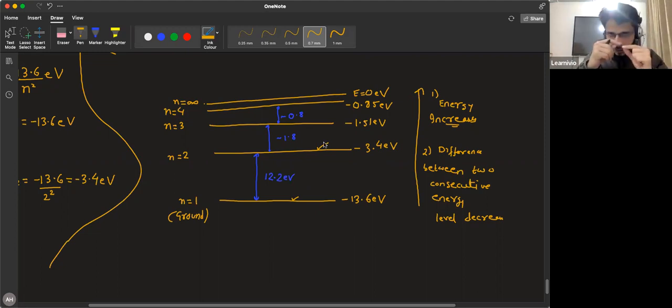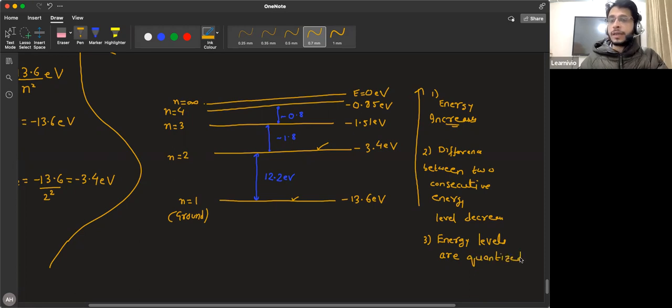There can't be any energy in between. So this is known as quantization. Energy levels are quantized. The electron in a hydrogen atom can have only fixed values of energy. This is what we call quantization of energy levels.